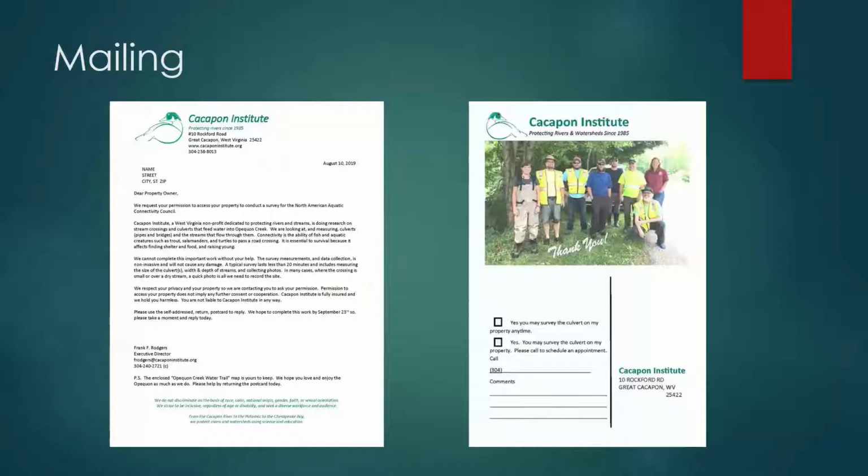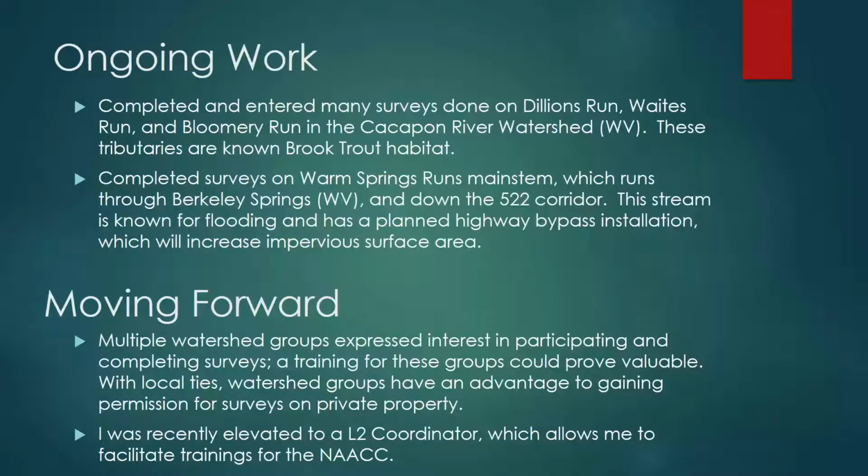Ongoing work. We were able to complete the study on Tuscarora Mill Creek pretty quickly, and we had some money left over. So we were able to utilize some of that money and do more surveys. We completed and entered many surveys on Dillon's, Waits, and Bloomery Run in the Cacapon River watershed. All those tributaries are known brook trout habitat.